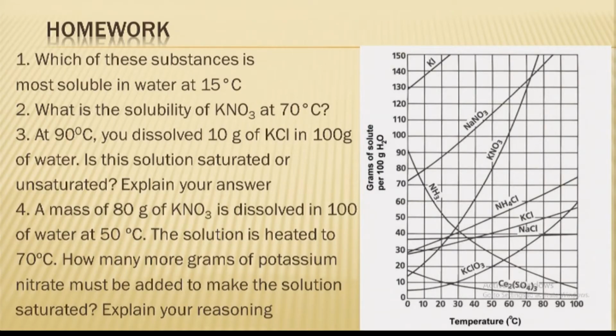The solution is then heated to 70 degrees. How many more grams of potassium nitrate must be added to make the solution saturated? And you explain your reasoning. This is the same as the last question we did for the worked example.